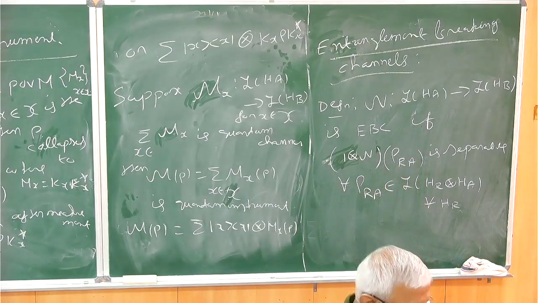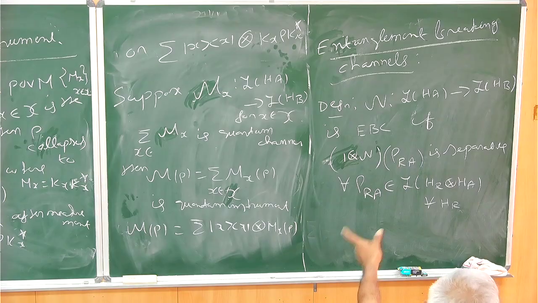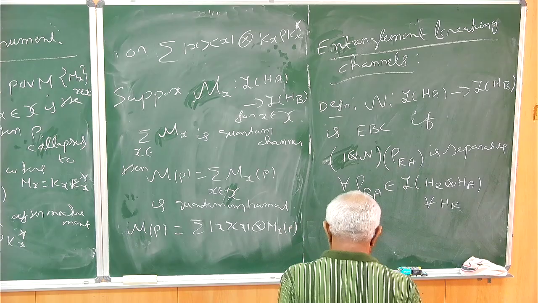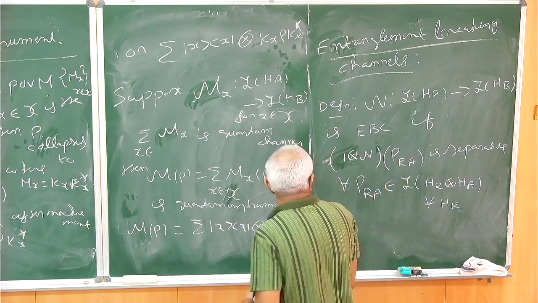Any HR you can take, of course finite dimensional. Then you take 1 tensor N, and that should take any state to a separable state. If you apply this, it should be a separable state. That is what an entanglement breaking channel is.